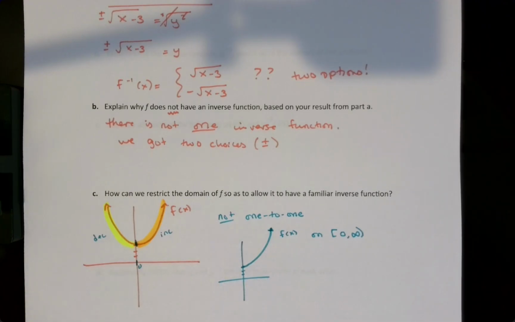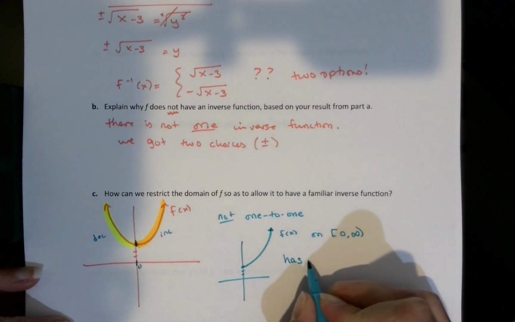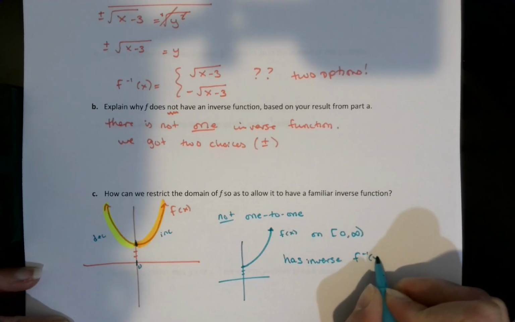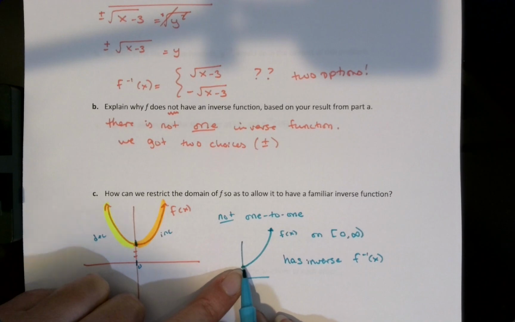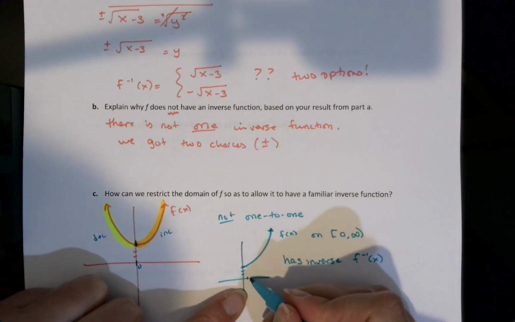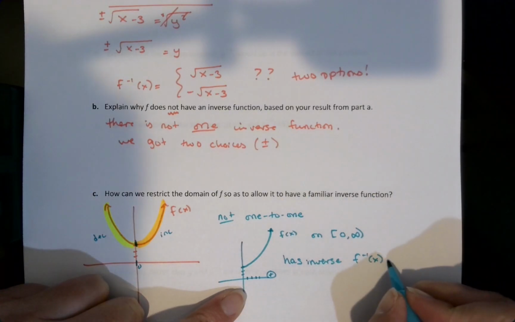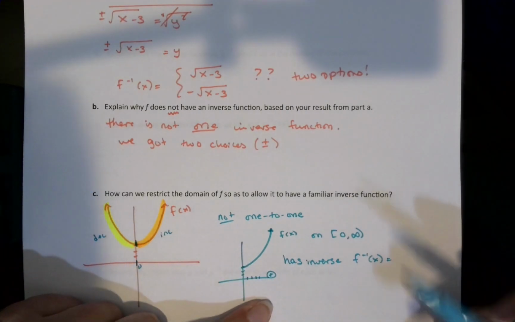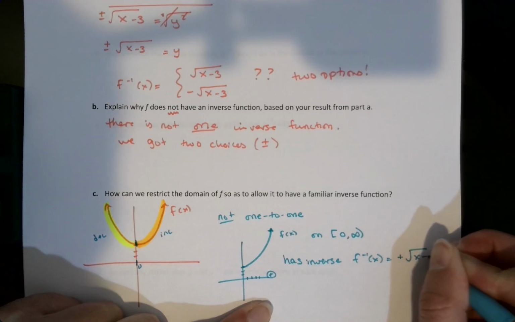It's just the right half of this graph. Has inverse. On the right half right here, this is when all of the x values are positives, right? And since for the inverse the x's and y's switch, the outputs are the x values. So they're positives. So this would be the positive square root of x minus 3.